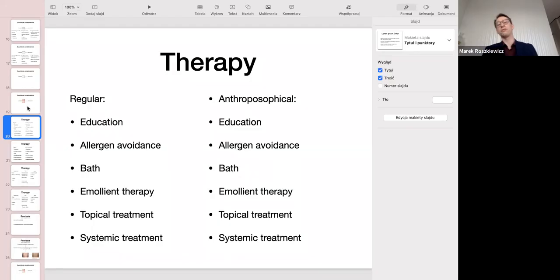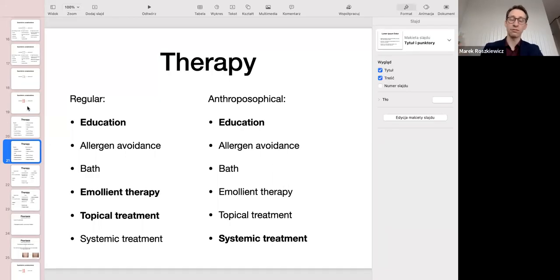I wanted to show you that in atopic dermatitis, the regular and anthroposophical therapies have almost the same aspects. But in regular therapy, the main focus is on emollient therapy, to make the skin more watery, to fill the gaps, I would say, because dry skin makes a gap.